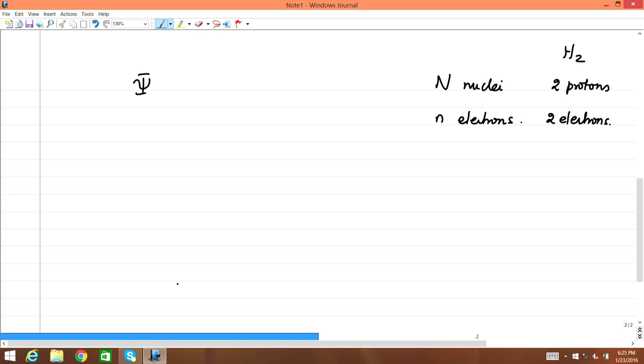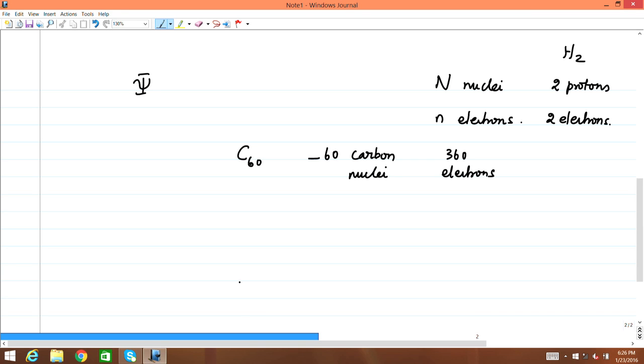If you have to do this for something like carbon 60, there are 60 carbon nuclei and 360 electrons, each carbon having 6 electrons.